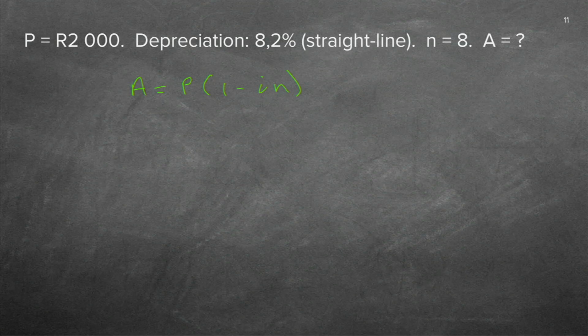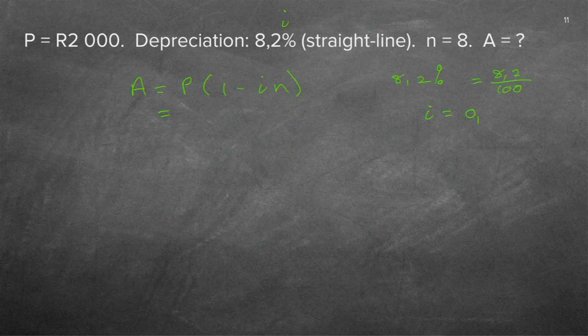Good. So now we can just start filling it in. We already said there's the P and the N and the A and there's the I. Remember, 8.2% is actually 8.2 divided by 100. We don't like any of those, so actually we rather prefer 0. And remember what I always say, it's not 0.82.